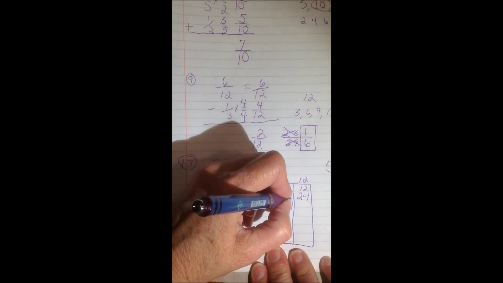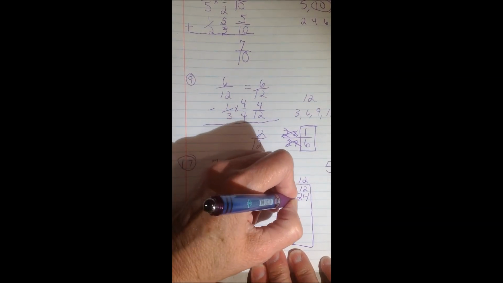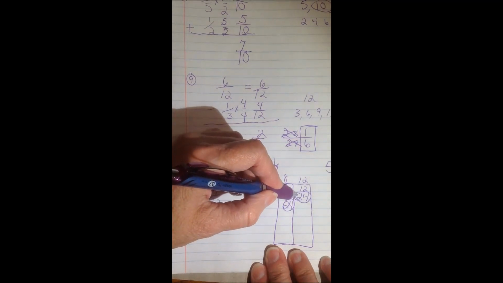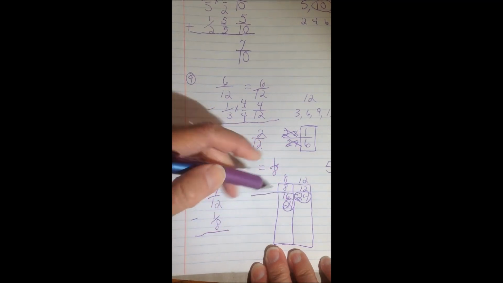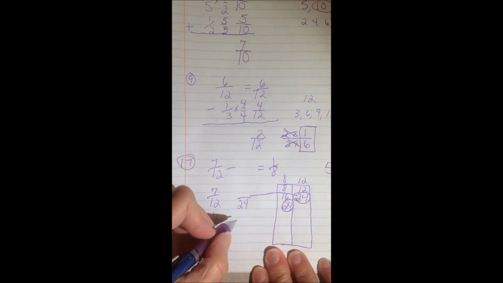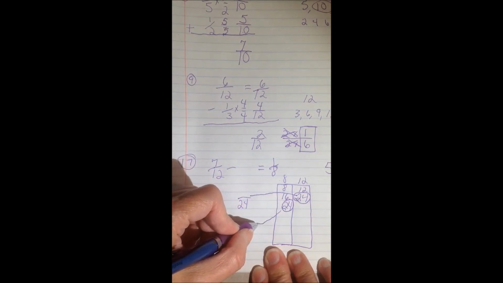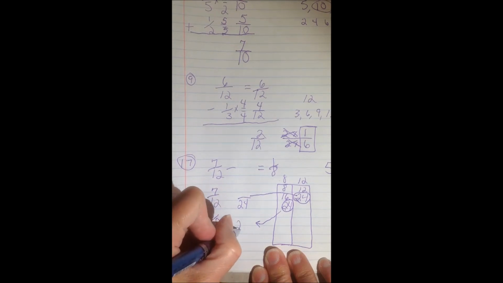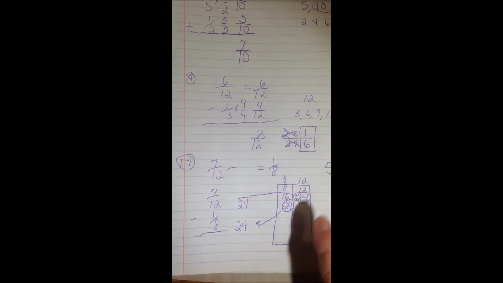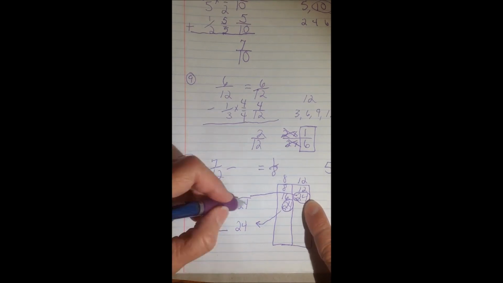It is the smallest number in both of these multiples. There it is. I take this one, and I put it right here, 24. And I take this one, and I put it right there. Now, 12 times what is 24? Well, 12 times 2.